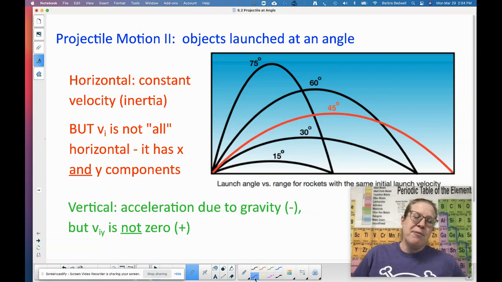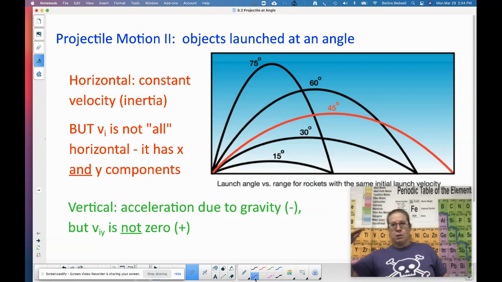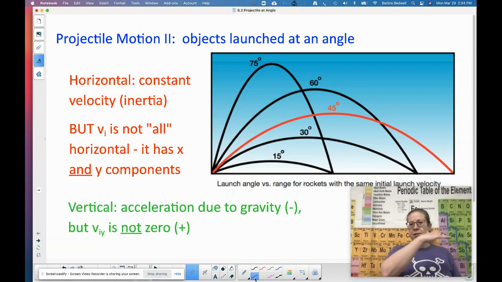So in part 1, our first foray into projectile motion, we only took a look at projectiles that were launching just horizontally, so taking off from a cliff, or just launching off of a tabletop or something along those lines. We learned that the horizontal motion is only governed by inertia, constant velocity. The vertical motion is governed by acceleration due to gravity.